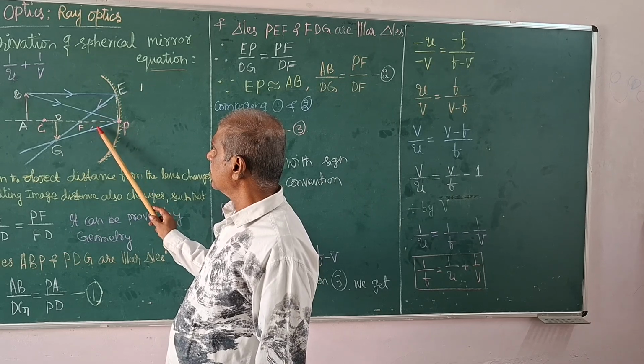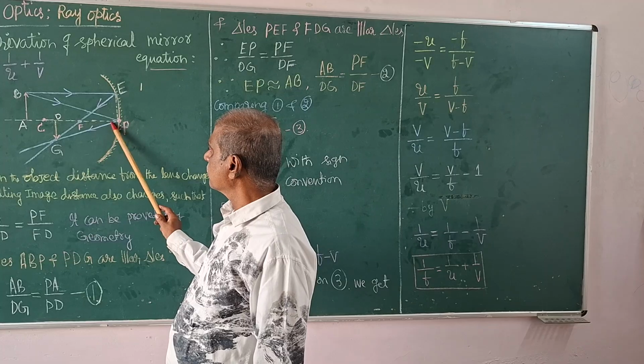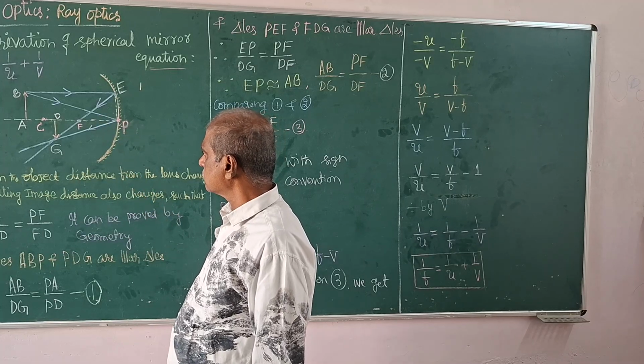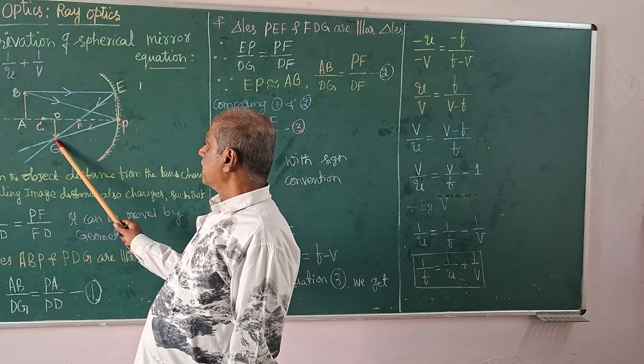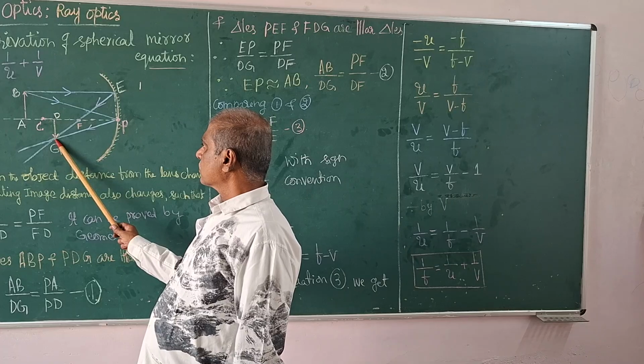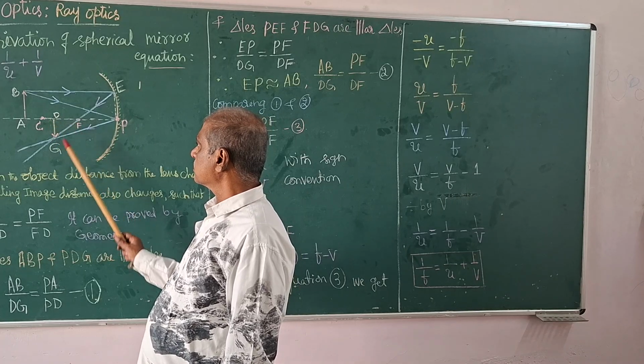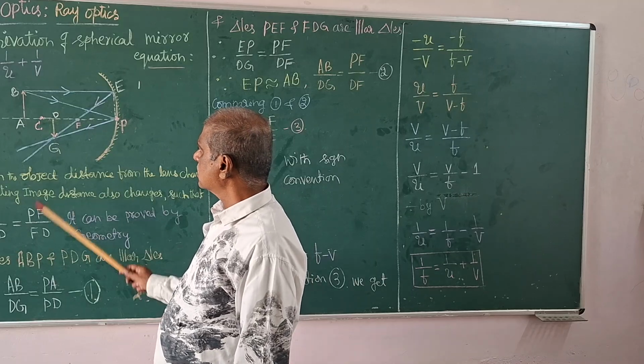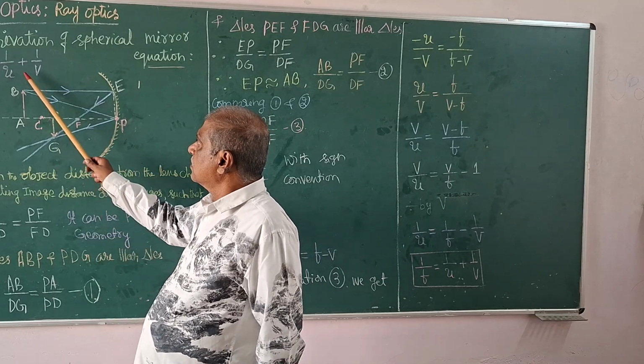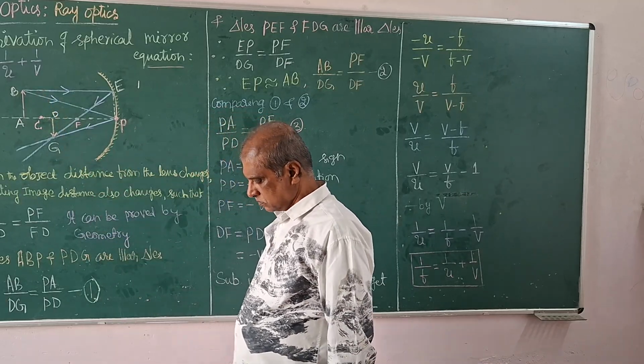Incident ray, reflected ray, normal: these two angles are the same. Where the reflected rays intersect gives the position of the image. This is the image formation between C and F. This diagram is useful for the derivation of this equation.